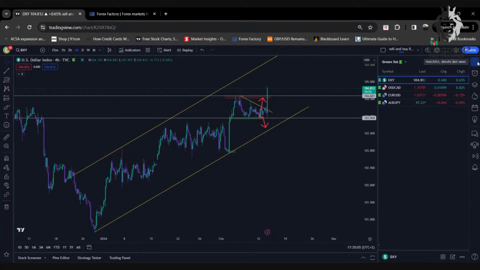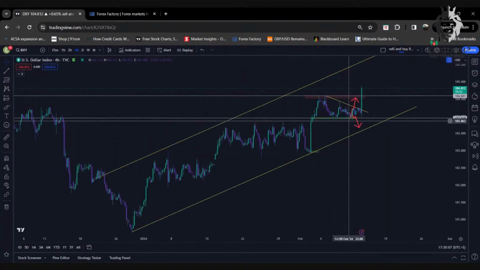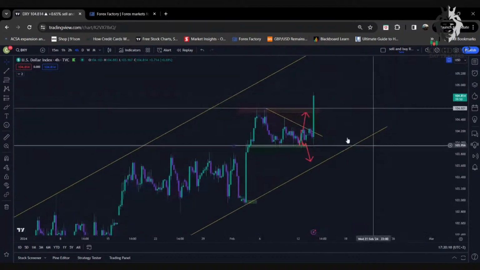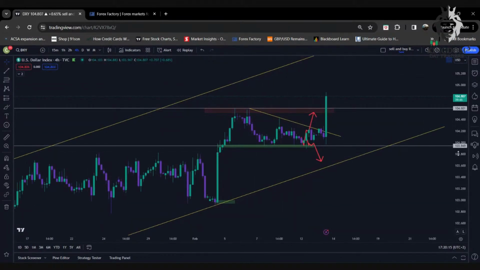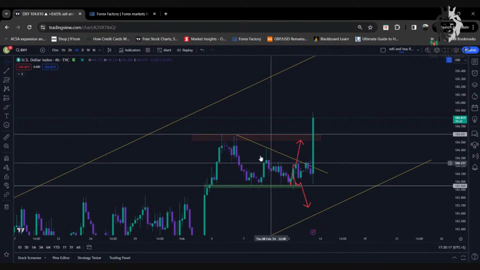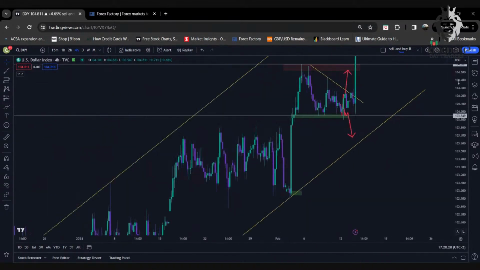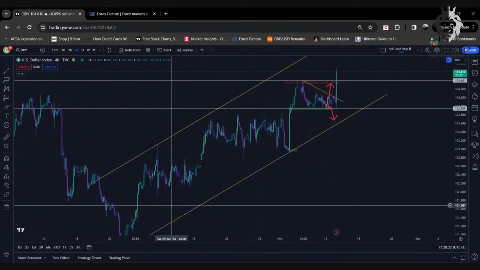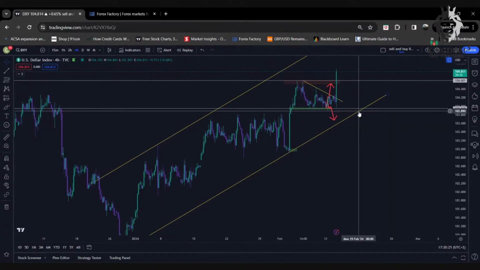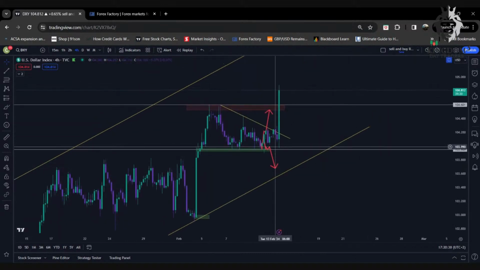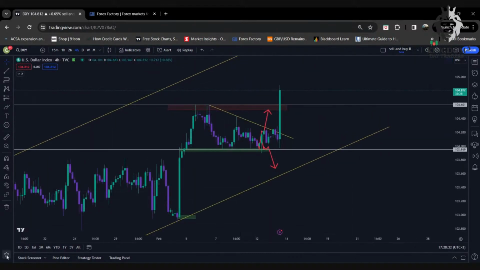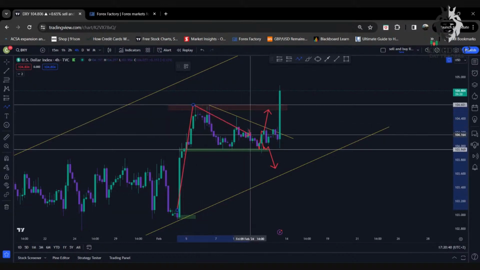If I zoom in on this particular segment, let me zoom out again just before I go into that detail. Like I said, it is in an overall uptrend. However, as we see on price action, it is reaching a high and now it's having a pullback, right?